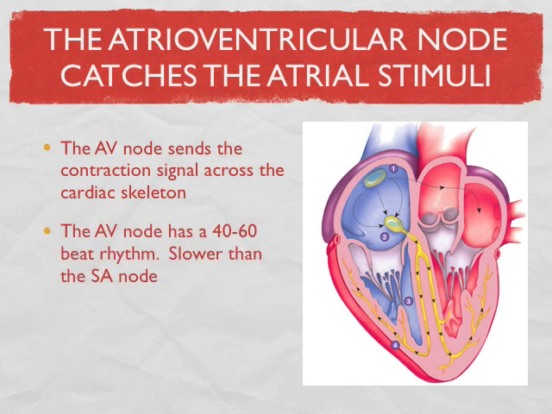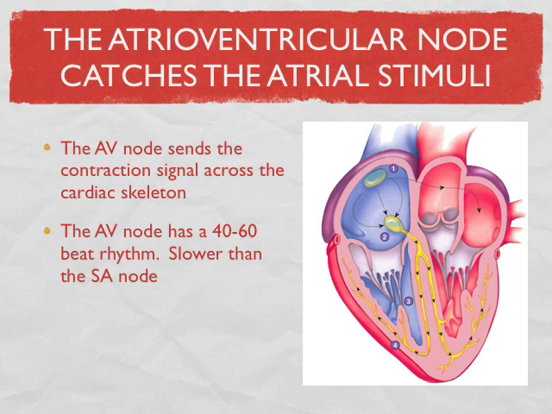The atrioventricular node actually has a rhythm of its own, but that rhythm is slower than the sinoatrial node. So the atrioventricular node is never able to do its own thing because it waits longer to send its beat than the next beat arrives from the sinoatrial node.